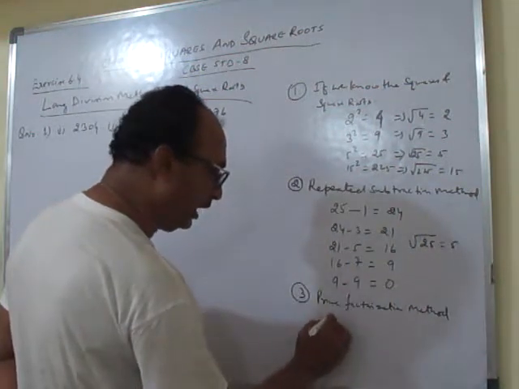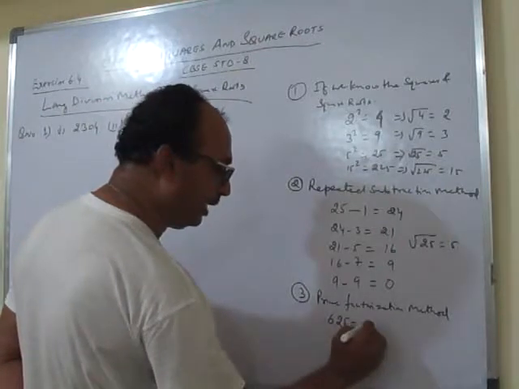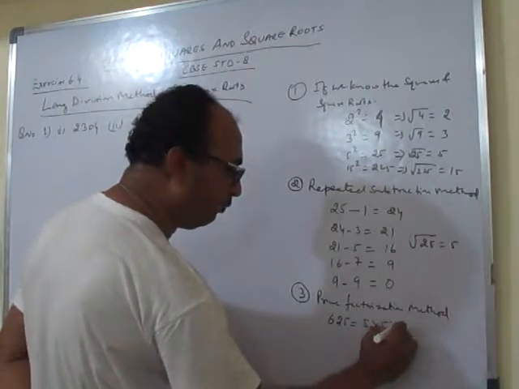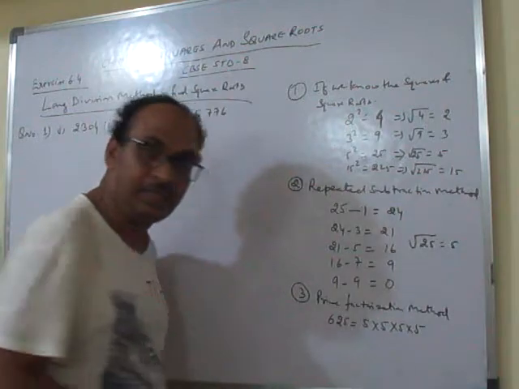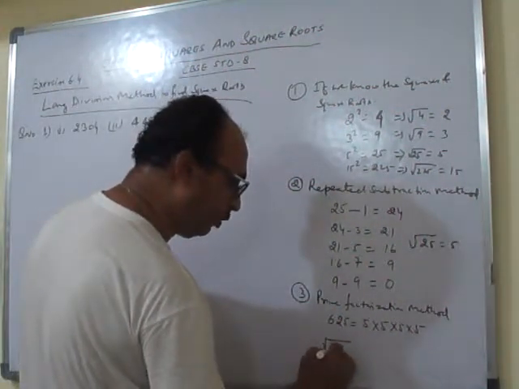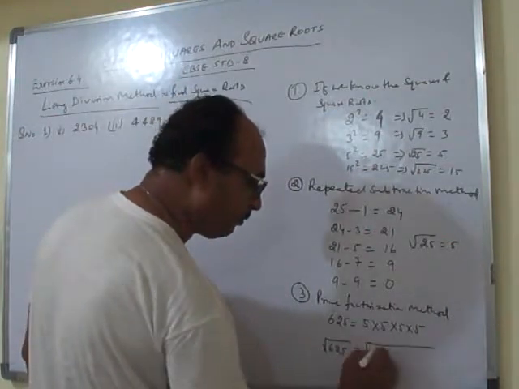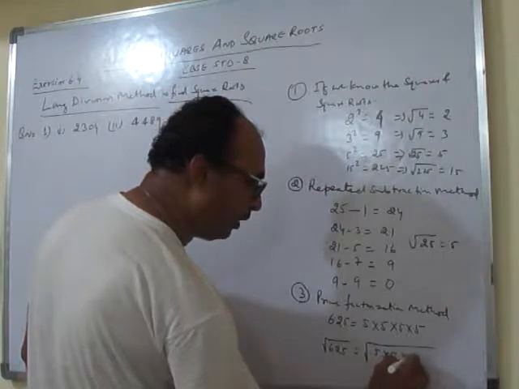Like 625, if you write it, can be written as 5 into 5 into 5 into 5. Now if we want to find the square root of 625, it will be 5 into 5 into 5 into 5.